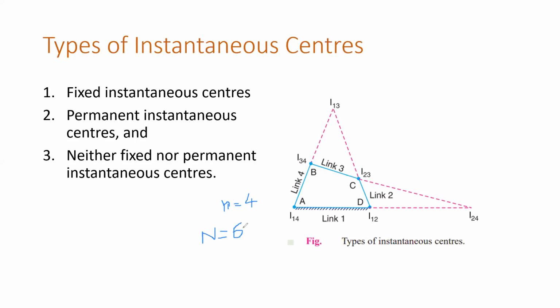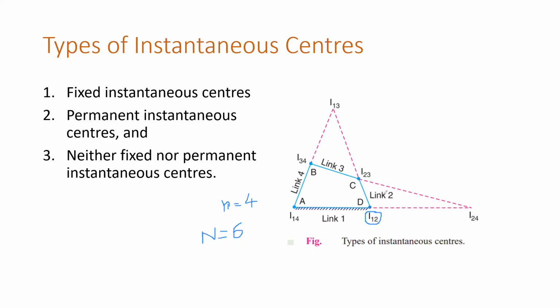So how to locate them? We know that an ICR can be found at the pin joint of two links. Say I have numbered the links 1, 2, 3, 4. Where link 1 and link 2 are connected with a pin joint at this point, I will call it ICR I12.